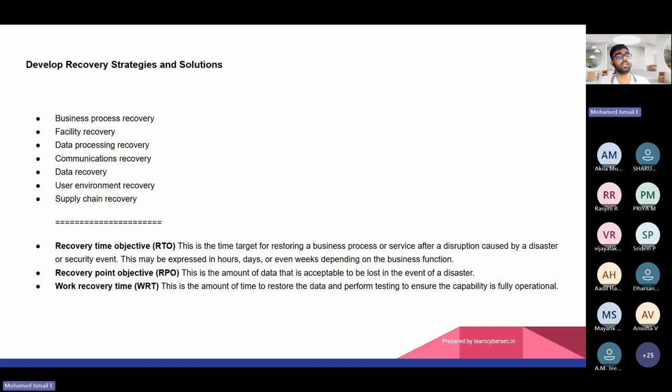So the moment the incident happened, the entire day's data might have been lost. Maybe the previous day's data was backed up, and they can restore it. But from midnight, 12 a.m. to 1 p.m., when the incident happened, around maybe 12 hours of data could be lost, right? So that is the recovery point objective, the amount of data that is acceptable to be lost.